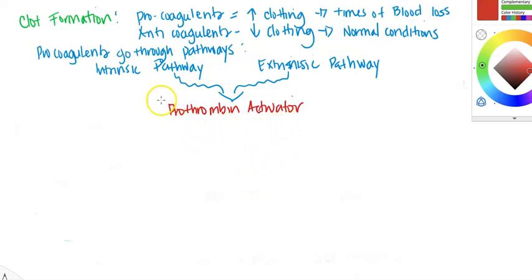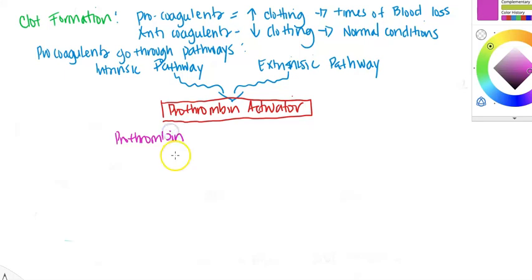So prothrombin activator, basically you've got prothrombin, and in this process it is converted through the activator to thrombin.